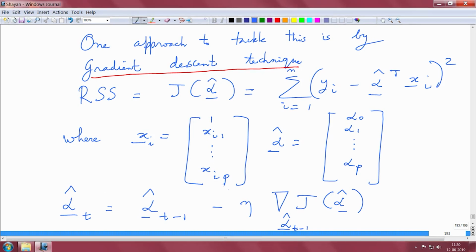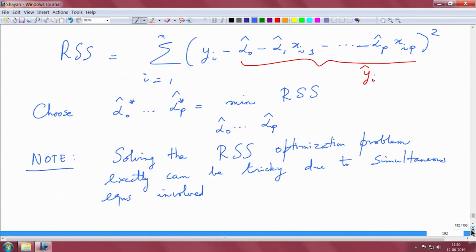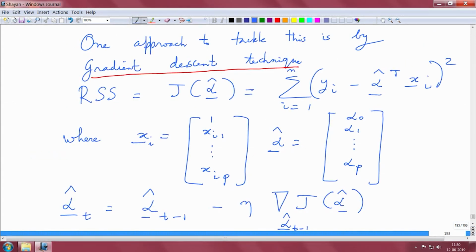Since I have p variables, and for the term alpha naught I do not have anything there, it is going to be 1. This is just rewriting the earlier equation in the form of a matrix. So I express it in terms of an inner product of alpha hat with xi, and then I put this in this form.